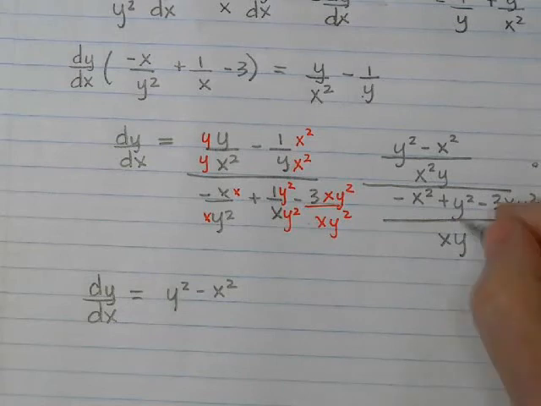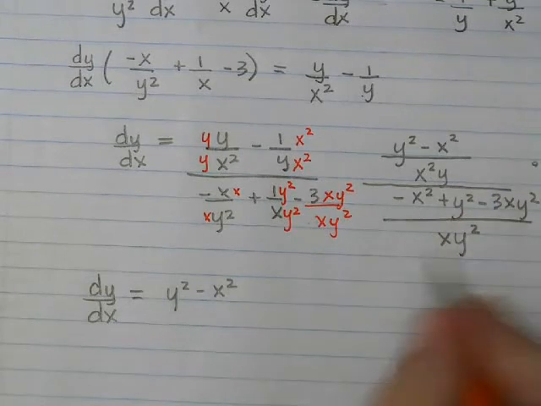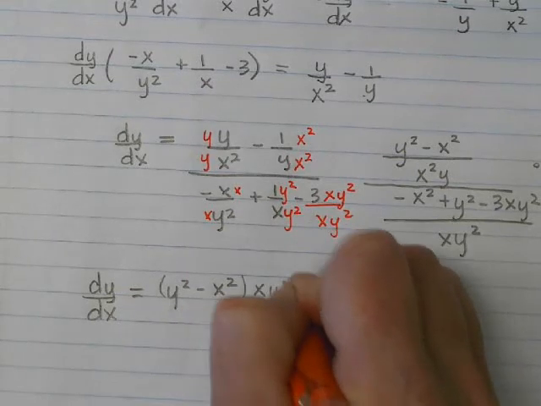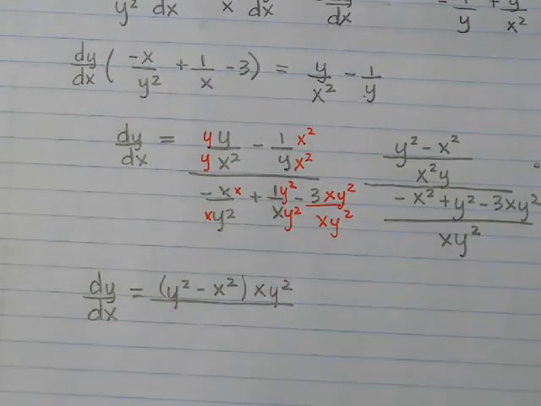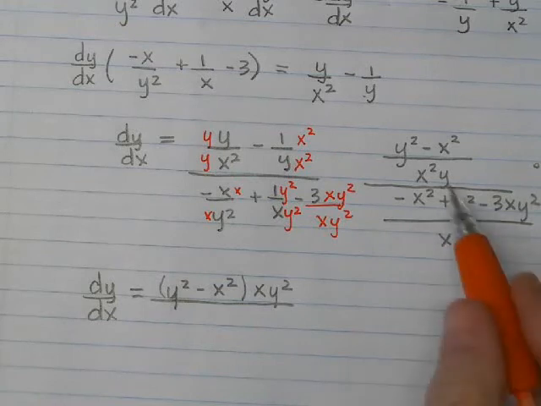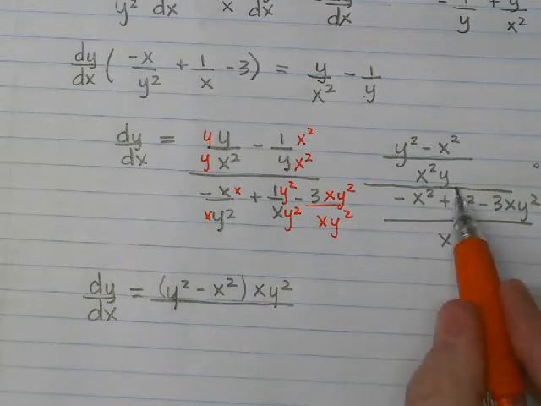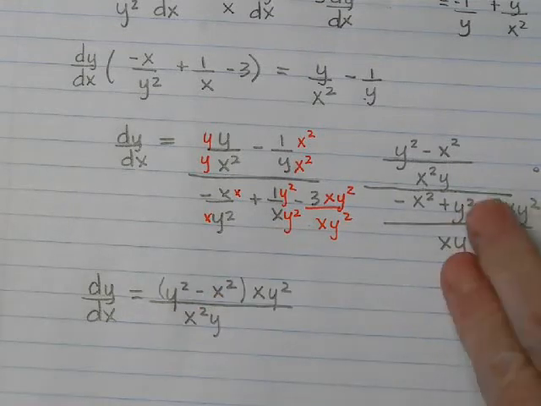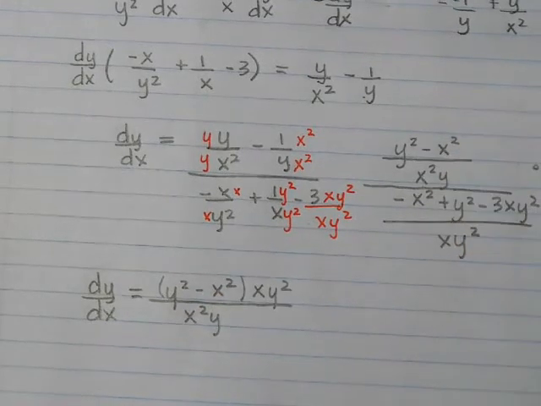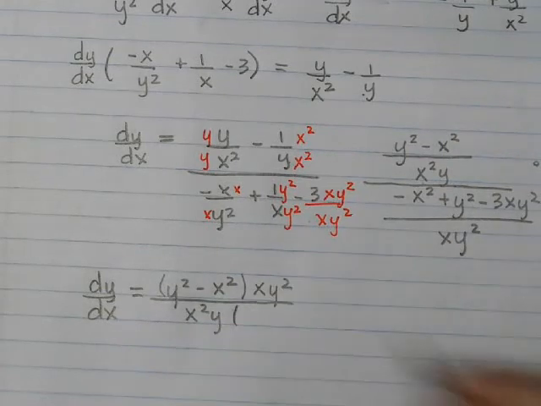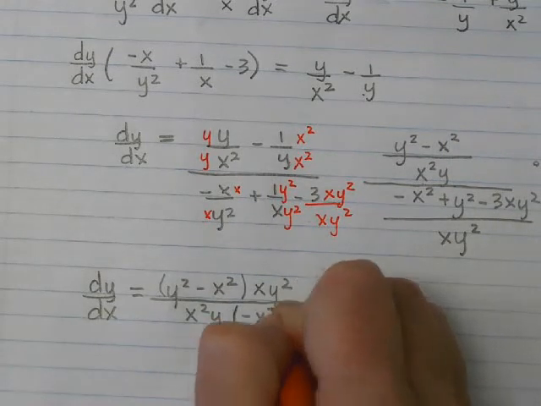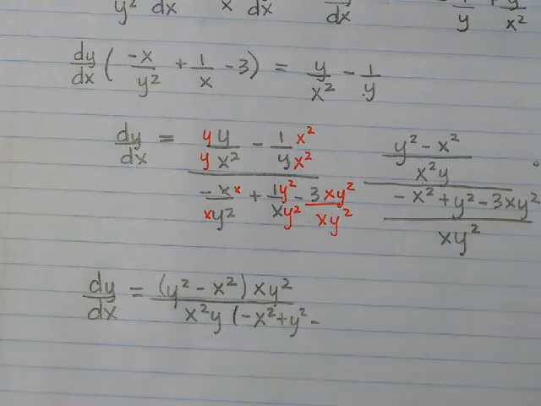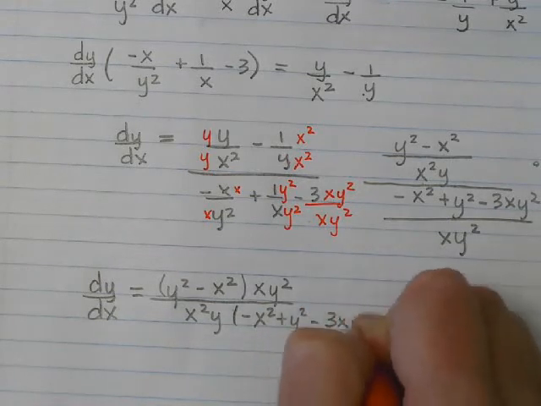Remember, I'm multiplying by the reciprocal of that thing, so times xy squared over x squared y, times, remember, I'm taking the reciprocal of that, negative x squared plus y squared minus 3xy squared.